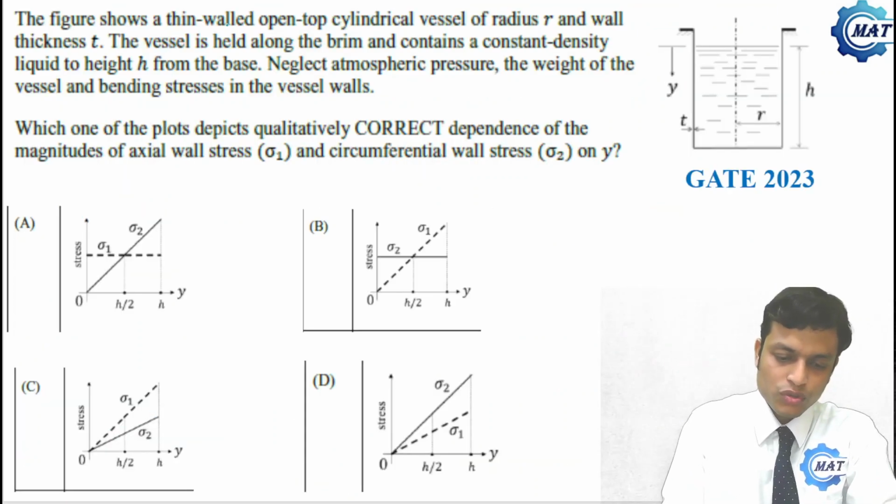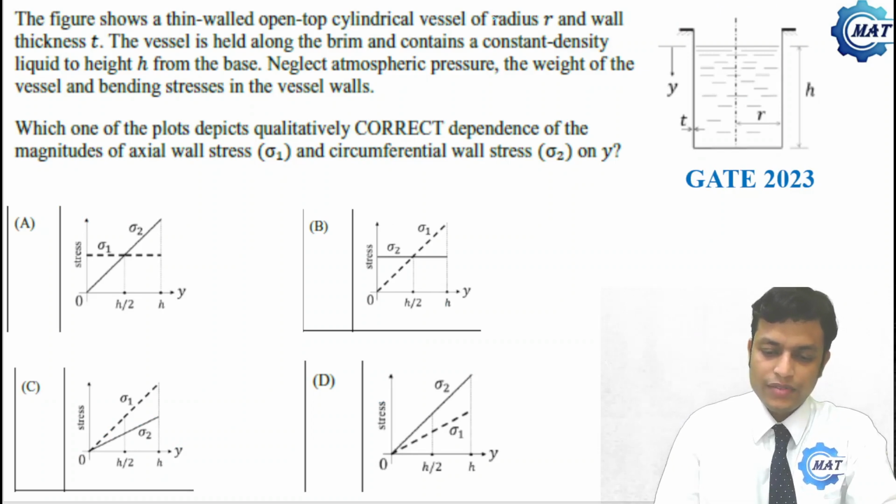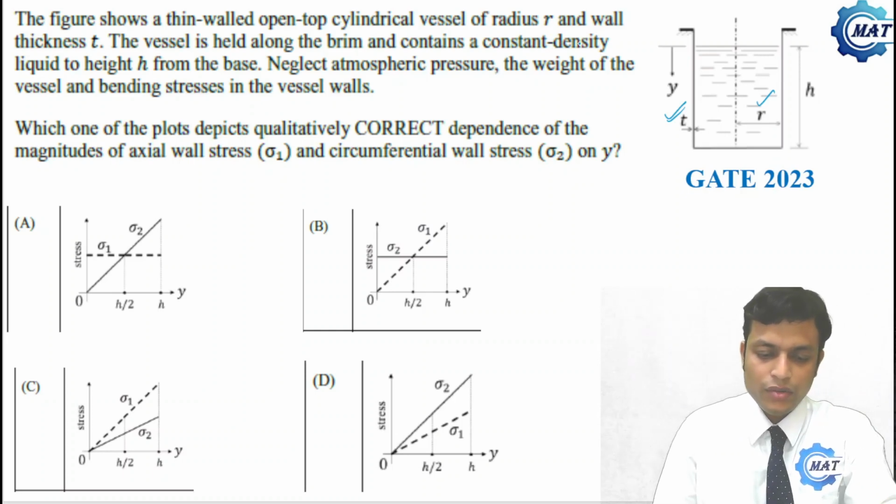The figure shows a thin walled open top cylindrical vessel of radius r and wall thickness t. The vessel is held along the brim and contains a constant density liquid to height h from the base.